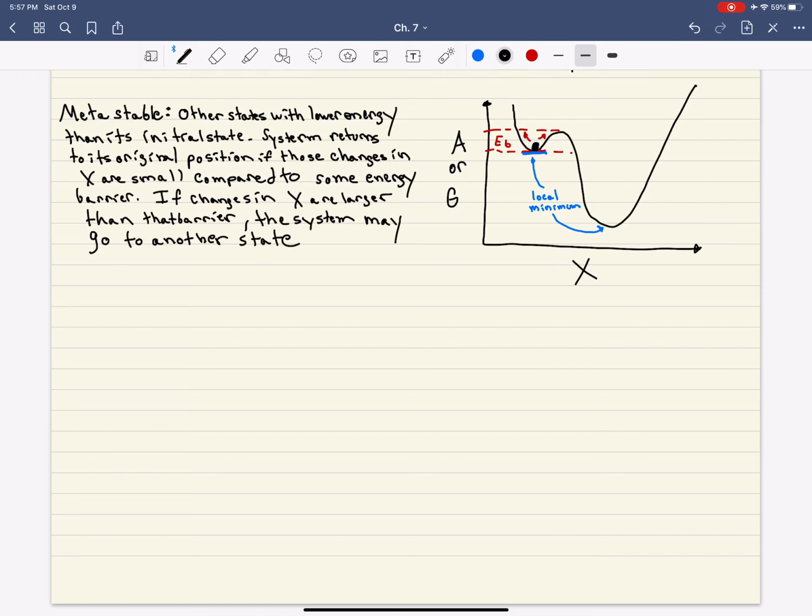Right. The next term, I talked about stable and metastable there, but now what I want to talk about is unstable. Okay? And so if you have an unstable system, what that means is that if you have any changes in x, no matter how small, those changes will take the system to another equilibrium state.